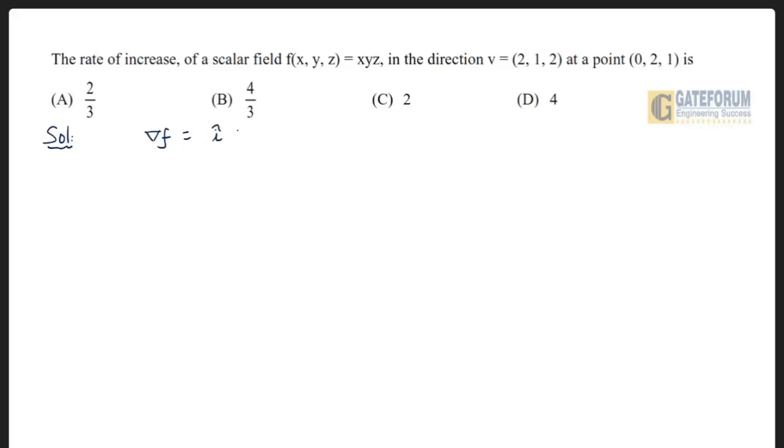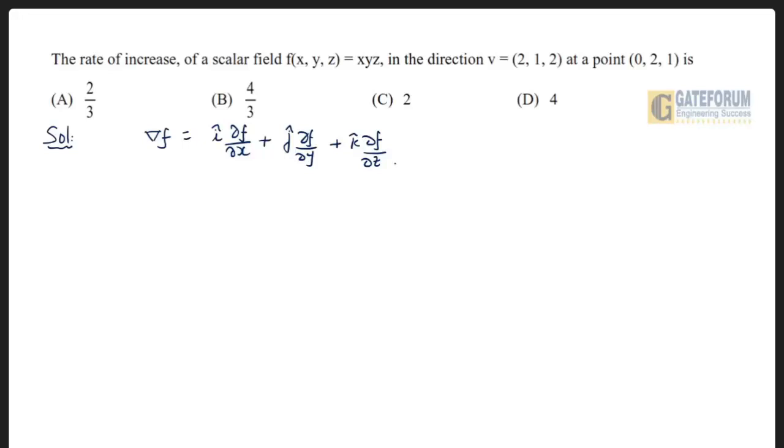Del f is i cap dou f by dou x plus j cap dou f by dou y plus k cap dou f by dou z. With respect to x, partial means y and z constant, with respect to y, x and z constant, with respect to z, x and y constant.